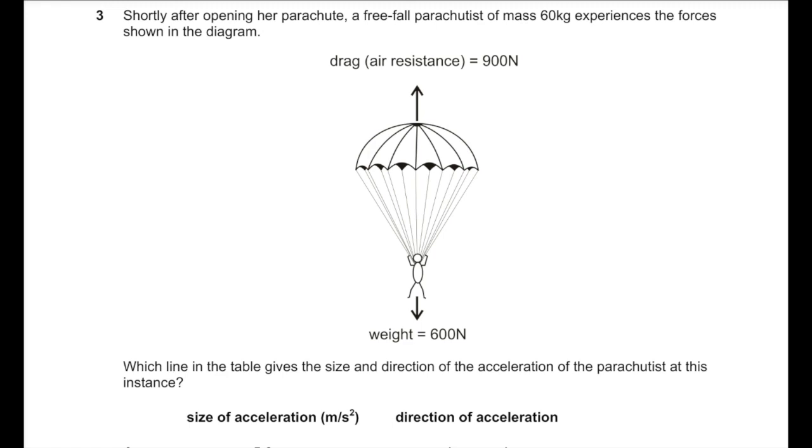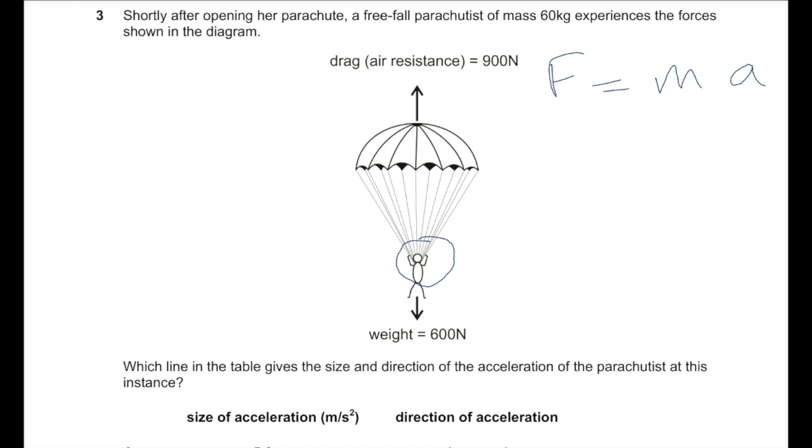So, this question requires us to work out acceleration from force and mass. So we're going to use the equation F equals ma. And what is the force over here? The force is the net force, the overall force being experienced by this parachutist.